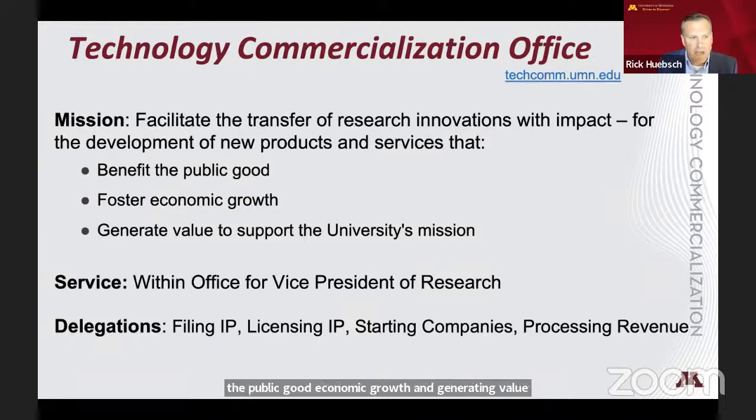Within our office, we have a team of professionals, and our delegations of authority are to file intellectual property, to license intellectual property, to start and support those companies, and to process the revenue that would come from the commercialization of intellectual property.